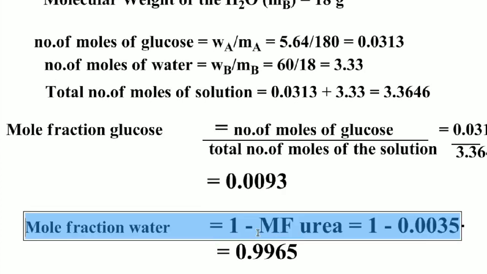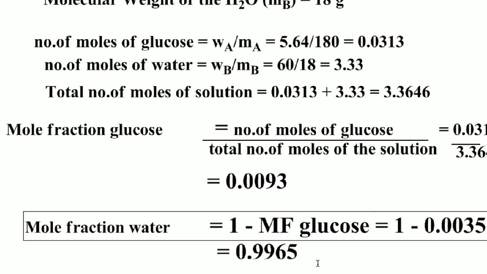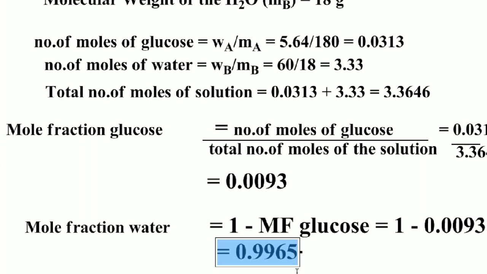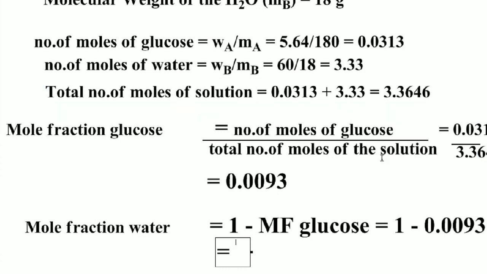Similarly students, the mole fraction of water is equal to 1 minus the mole fraction of glucose, that equals 1 minus 0.0093, which is 0.9907. So 0.9907 is the mole fraction of water.